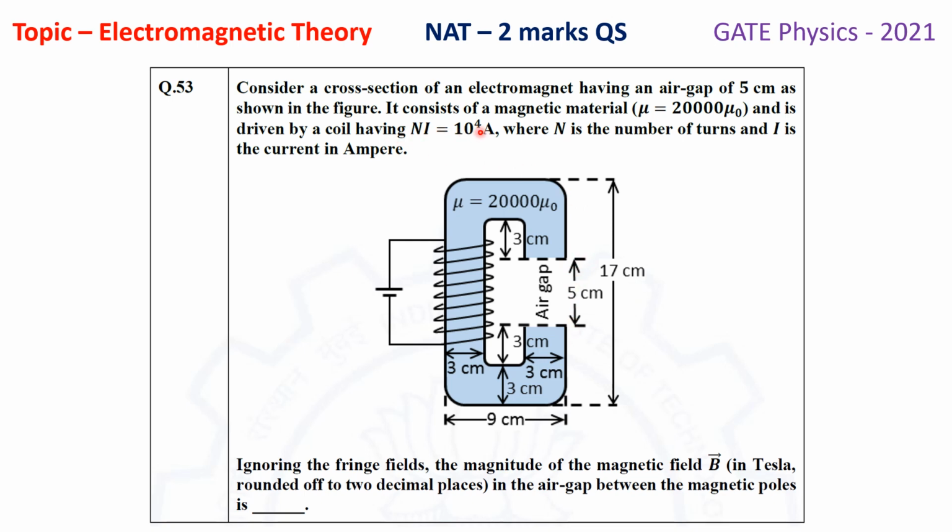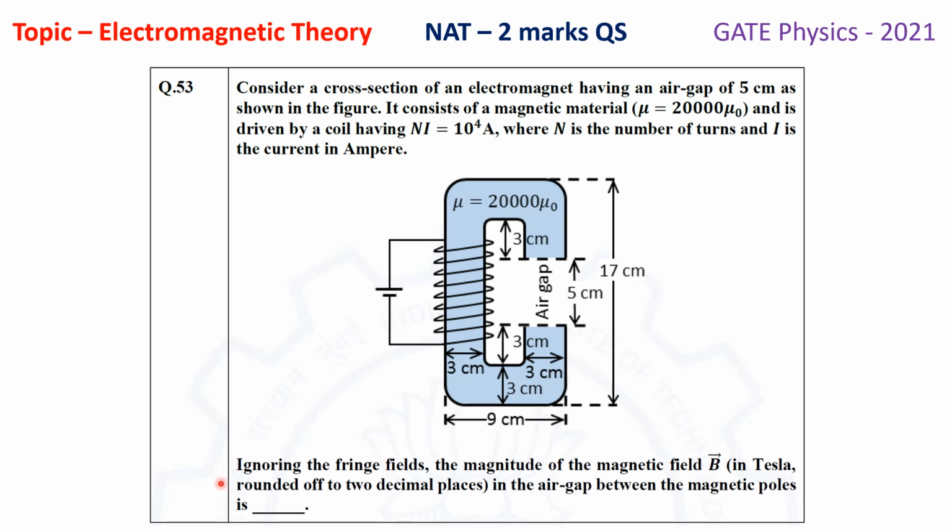It consists of a magnetic material having magnetic permeability mu equals 20,000 times mu naught, where mu naught is the magnetic permeability of vacuum, and is driven by a coil having N times I equals 10 to the power 4 amps, where N is the number of turns and I is the current in ampere.